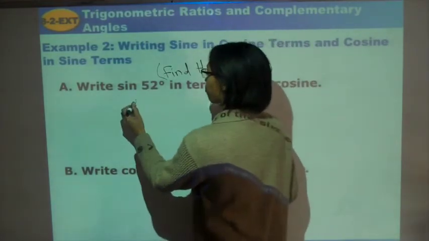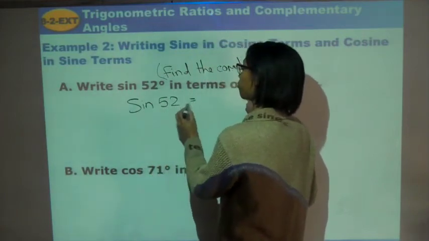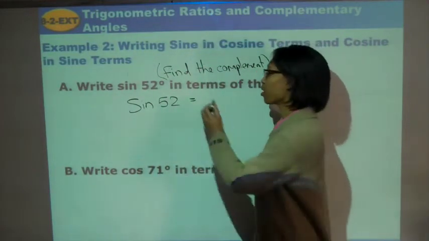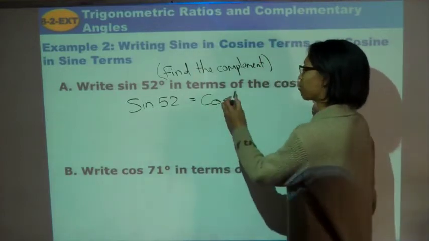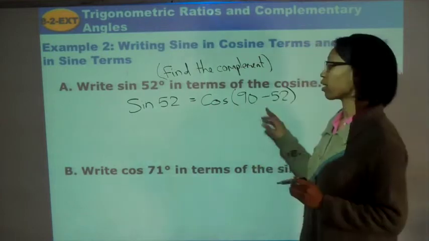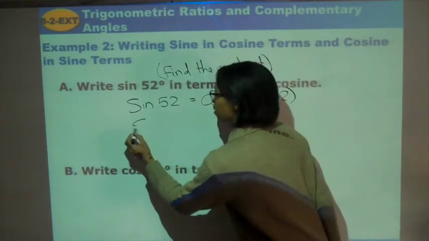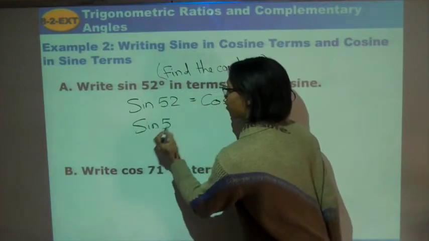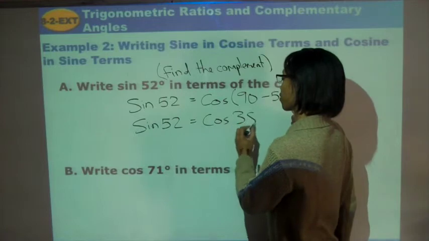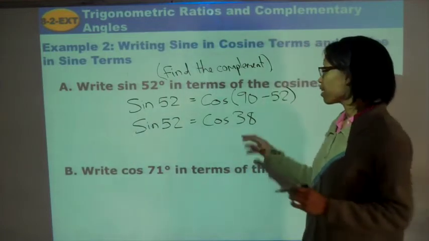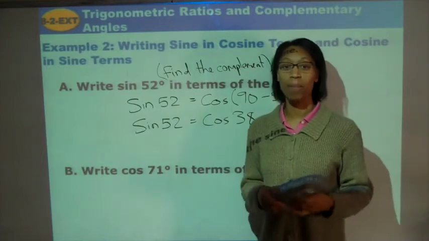The sine of 52 equals the cosine of 90 minus 52, which is 38. So the sine of 52 equals the cosine of 38, because 52 and 38 are complements.